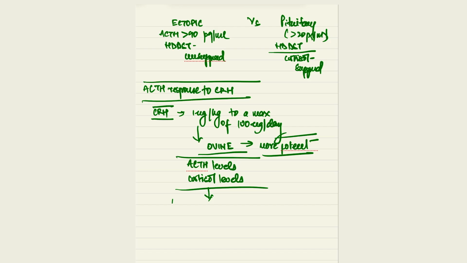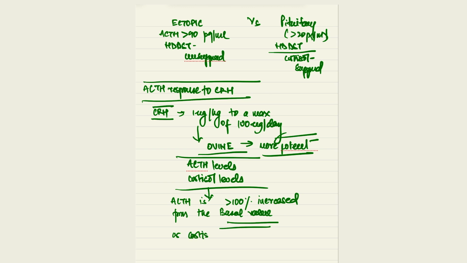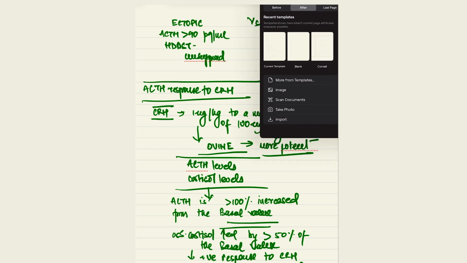So if this happens, that is ACTH is more than 100% increased from the basal value, the basal value being the one that we have done before the test, or the serum cortisol is increased by more than 50% of the basal value, we say that this is a positive response to CRH. So this will again point towards a pituitary cause.